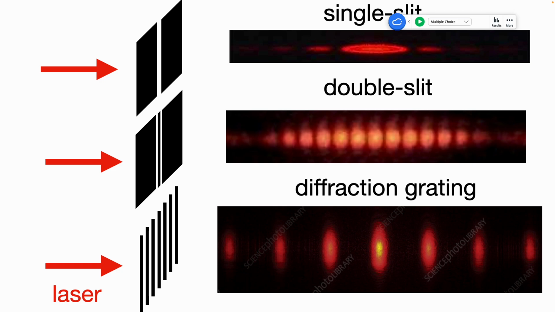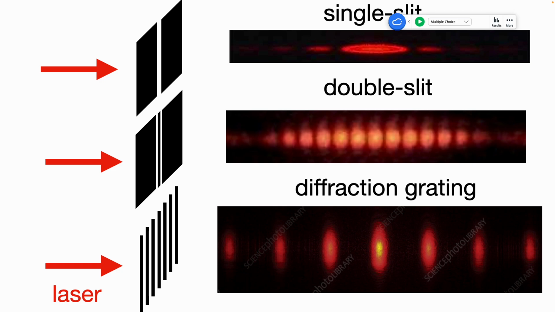Now for diffraction grating, you will see that the light wave is concentrated at some sharp points. See? Compared to just a double slit, when you add a lot of slits, what you'll end up seeing is that the energy got super concentrated at these points.